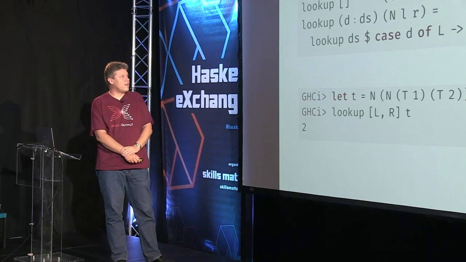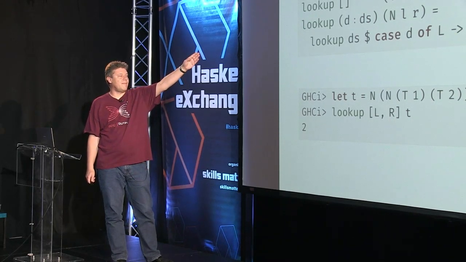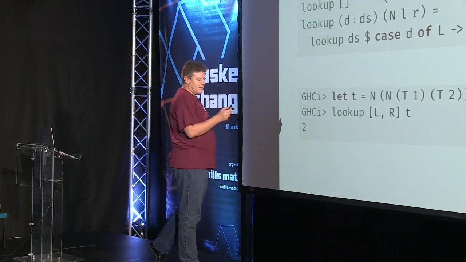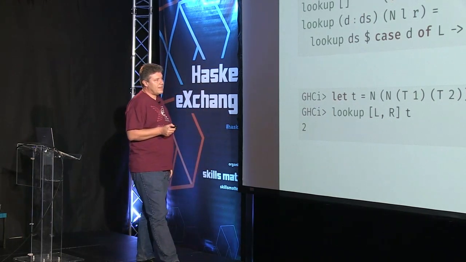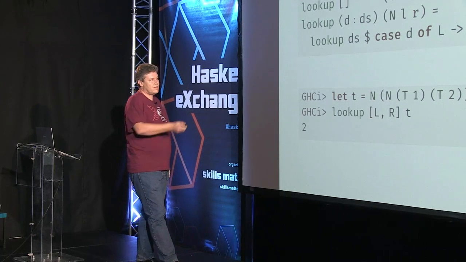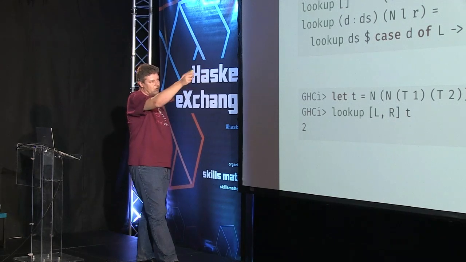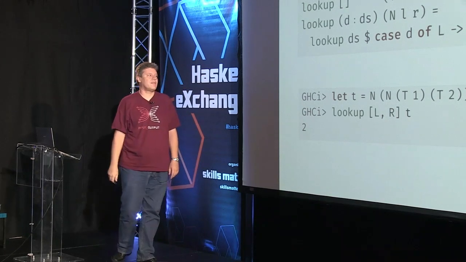So how would you do that? Well, if your path is empty, you must already be at the tip. So you just return the value at the tip. And if it's not empty, then you are at an internal node. So then, depending on what the direction is in your path, if it's left, then you recurse into the left subtree.